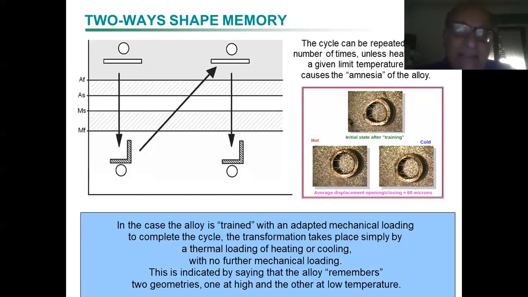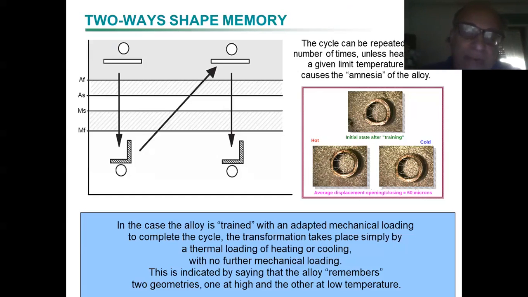In practical terms, you don't need a mechanical loading, but just heating and cooling, and it has two different shapes, two different geometries.